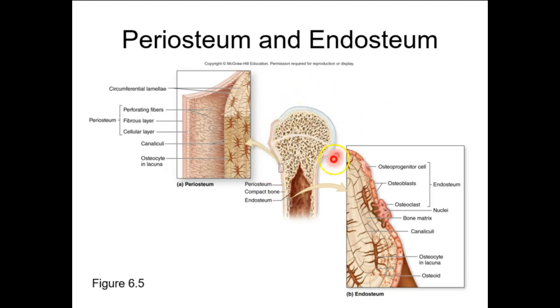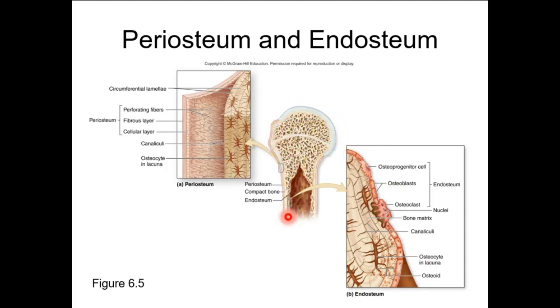Along the periphery of your long bones, you have a periosteum. So os as in bone, peri as in around. You actually have a connective tissue membrane made of dense, irregular connective tissue, and it covers everything except where you have hyaline cartilage.